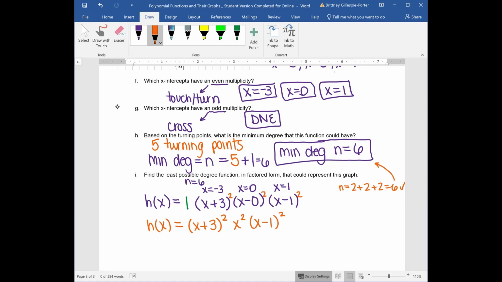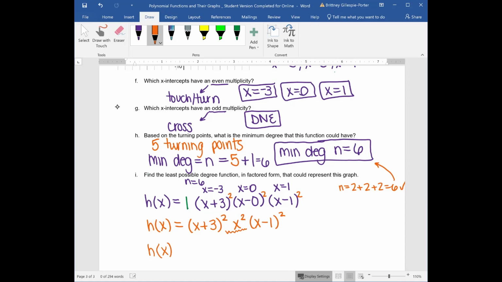Now, technically, this is not wrong as it is written, but it looks really weird to have that x squared in the middle. If it had its own parentheses still, it would be fine. But since it is by itself, let's move it out front.